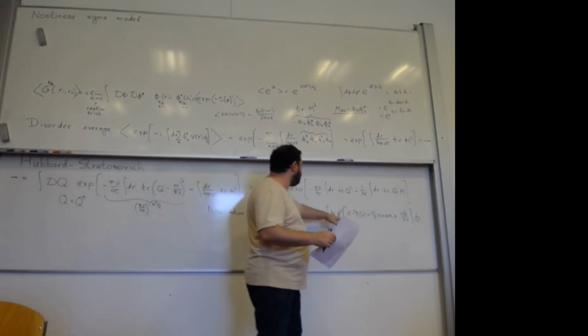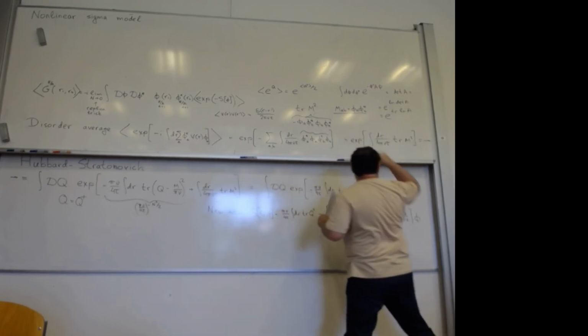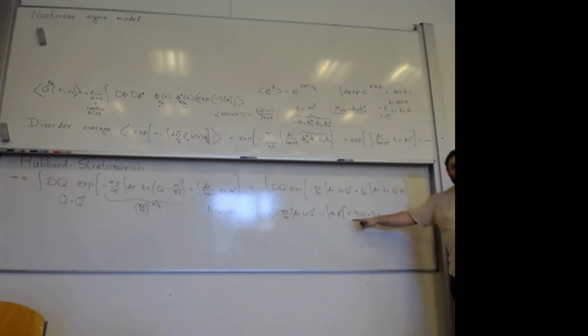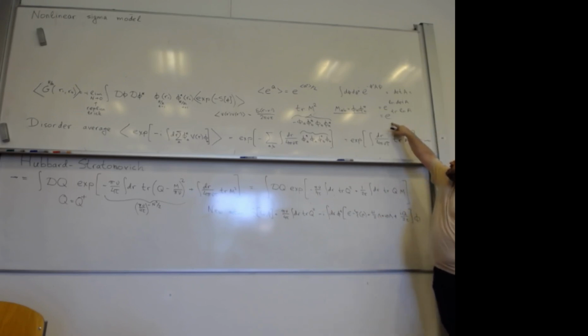So if I want to integrate over my fields phi some quadratic expression, I will get a determinant of this matrix, this one in brackets. And then I will write it as an exponent of trace of a logarithm.